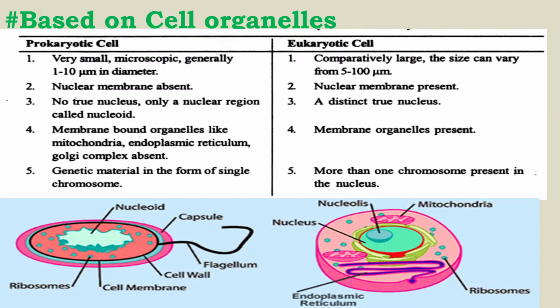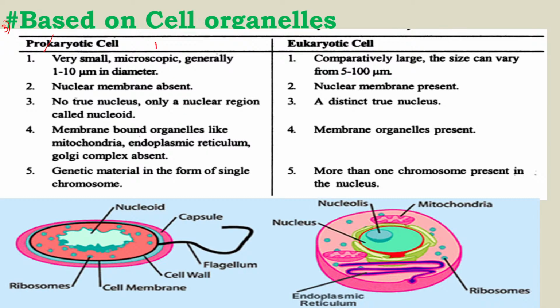We have the third category based on cell organelles. Based on cell organelles, we categorize the cell as prokaryotic and eukaryotic cell. Let me explain what you mean by the term prokaryotic cell. Prokaryotic cells, pro and karyotic.